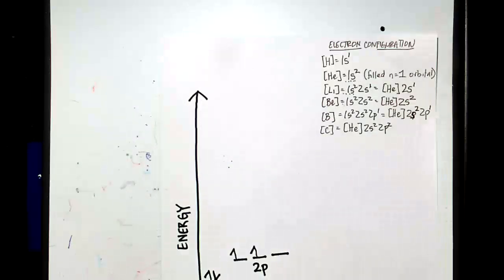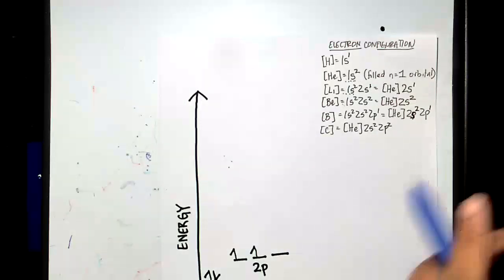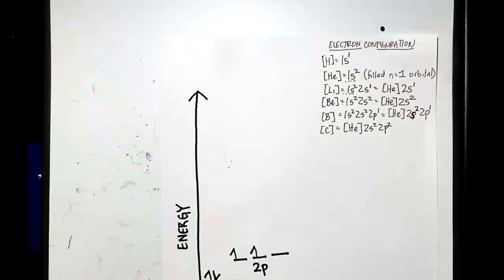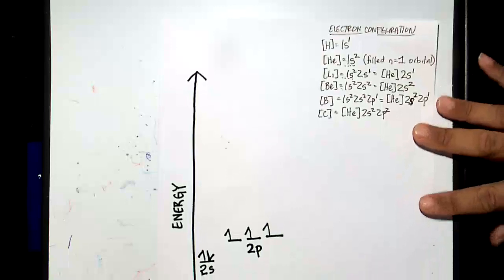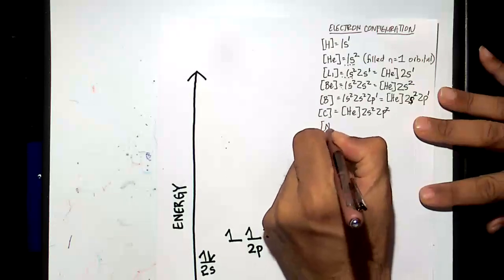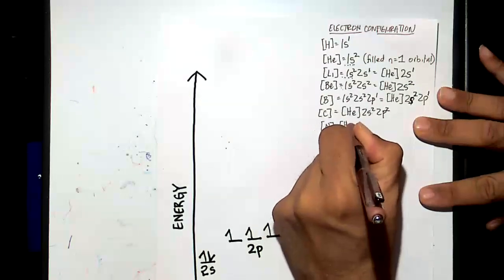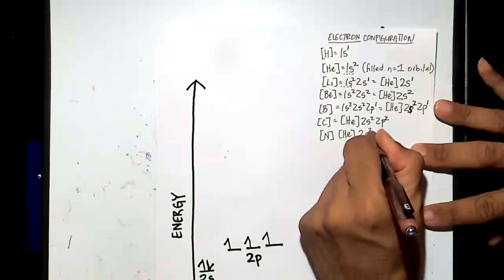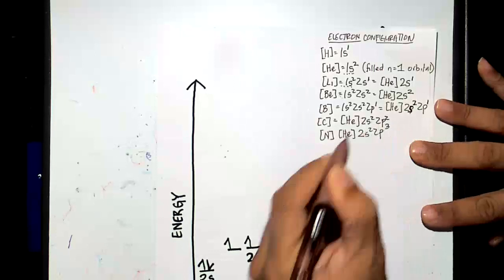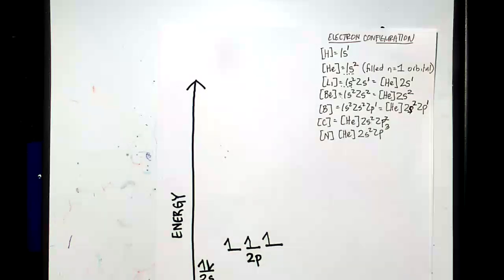Where did we leave off now? Okay, next one is nitrogen. Where will nitrogen go? So what's the electron configuration for nitrogen? Very good. All right, what's next on our list?